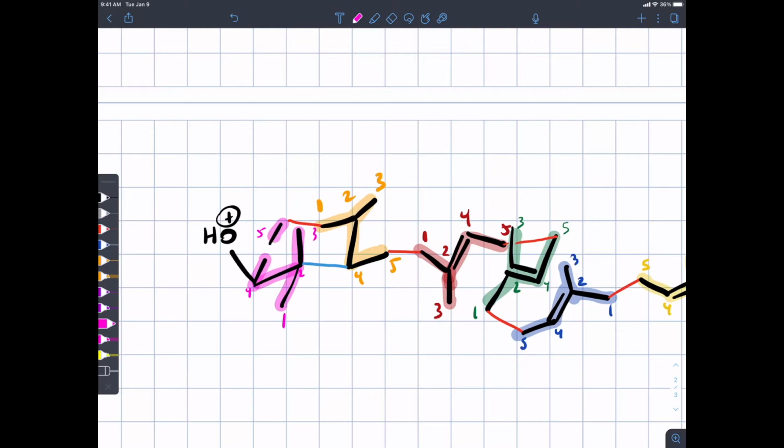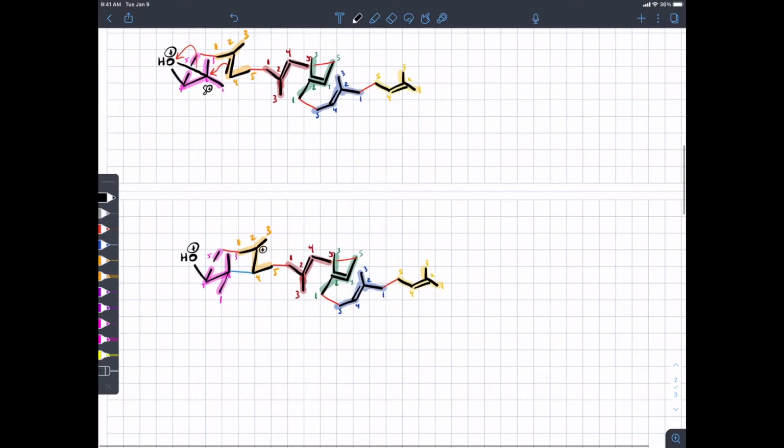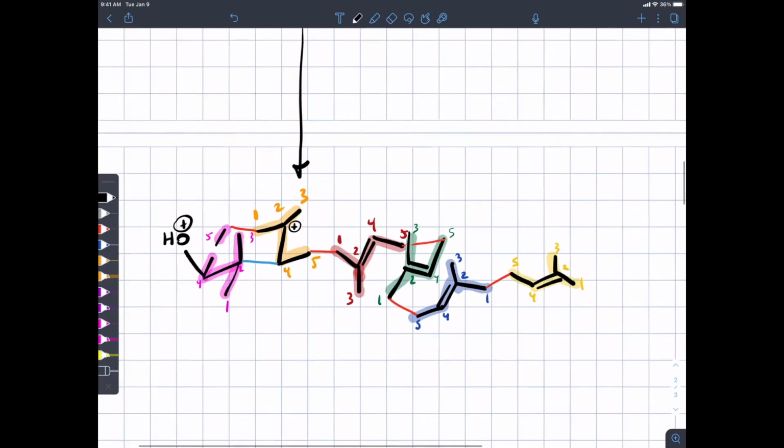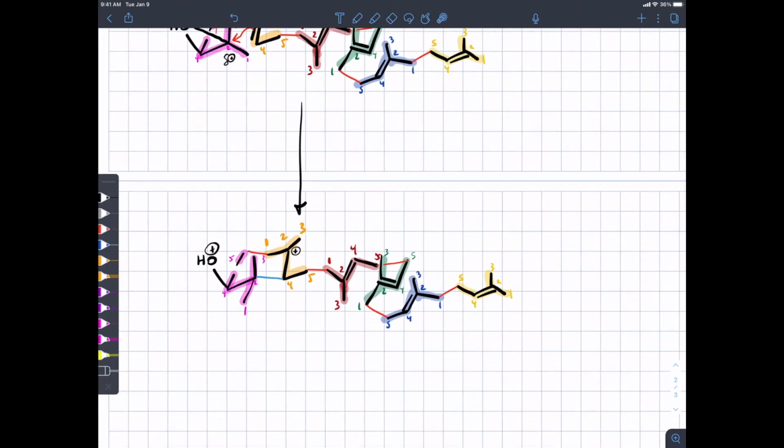And that leaves a positive charge on more substituted carbon 2 where it's more stable. Okay, so that's sort of our first ring. But as soon as that happens, look what else we've got. We've got a positive charge on carbon 2, and that is 1, 2, 3, 4, 5, 6 atoms away from carbon 4 of another isoprene unit.